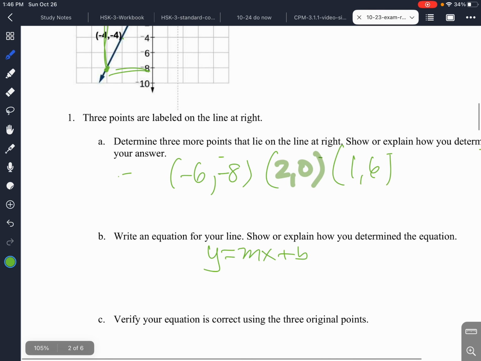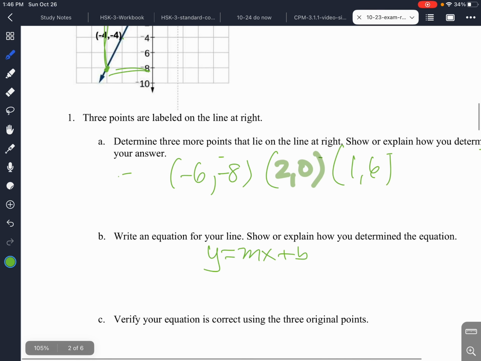So this is method number 2, using the table. When x is 0, y is -4. And when x is 3, go to the origin, 1, 2, 3, y is -2. And I'll go ahead and do 6. 2/3 times 6 minus 4.